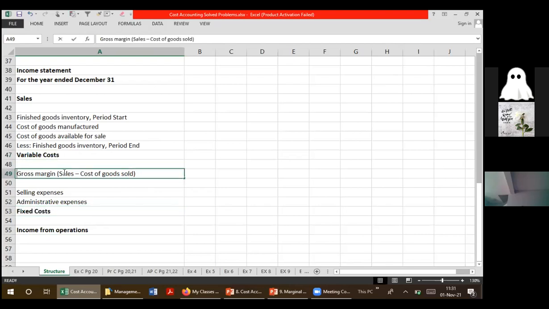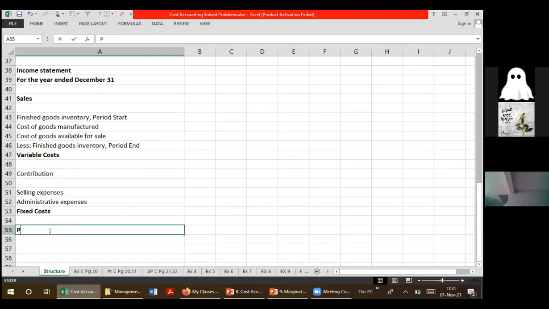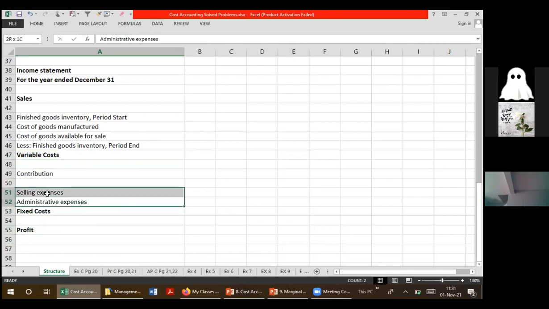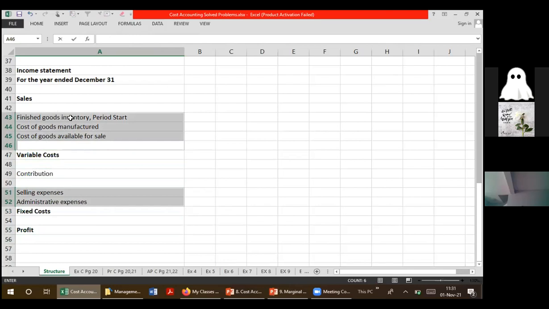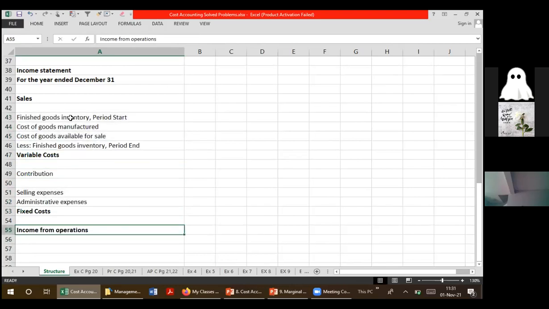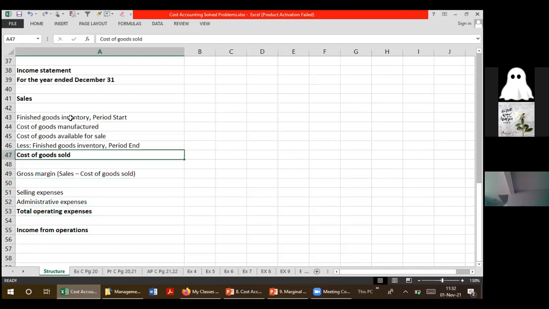Gross margin will turn to contribution, and income from operation to profit. And we get rid of everything else. So this will be the structure of the statement for marginal costing.